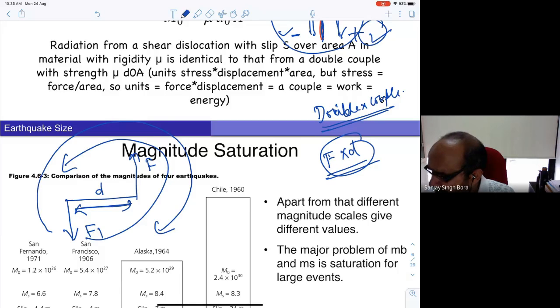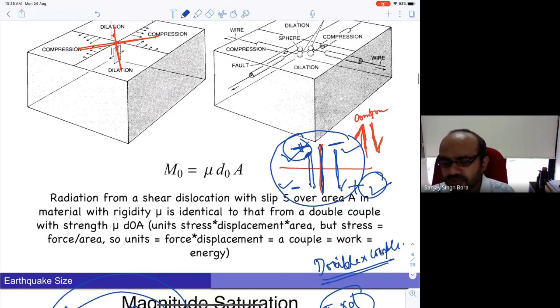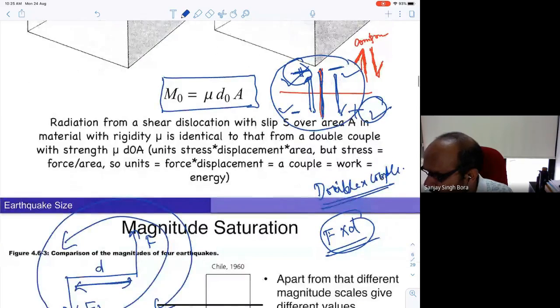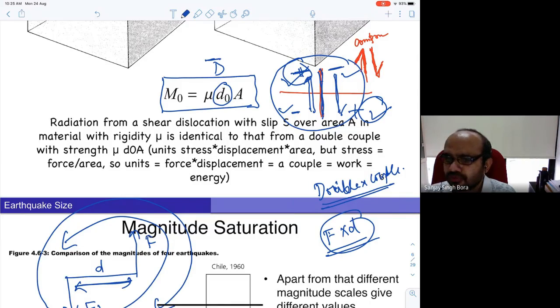So that's why in case of earthquakes also, there is a moment. That moment is defined as seismic moment. You can try to relate it with F into d also. This mu is the modulus of rigidity. This D naught, sometimes people will write it D bar also. This is the average displacement on the fault.